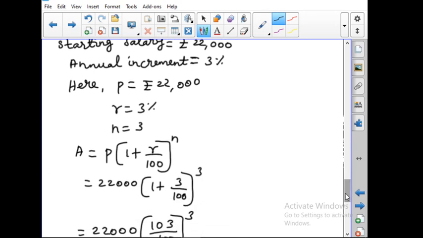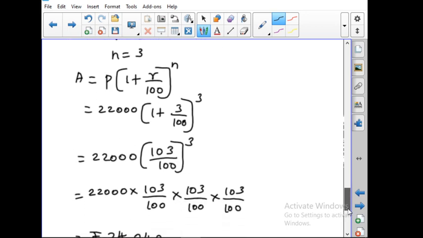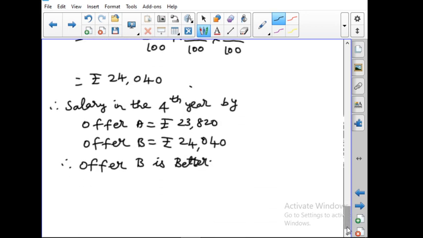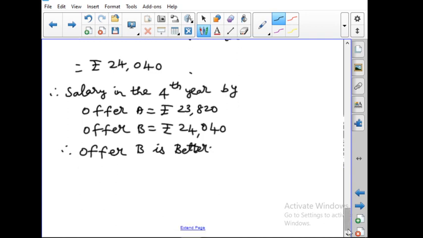For offer B, they have given starting salary 22,000, annual increment 3%. Again we apply the same formula, and we get the salary 24,040 rupees. We compare offer A and offer B, and we get that offer B is better. So that man will select offer B. So this problem is also over.